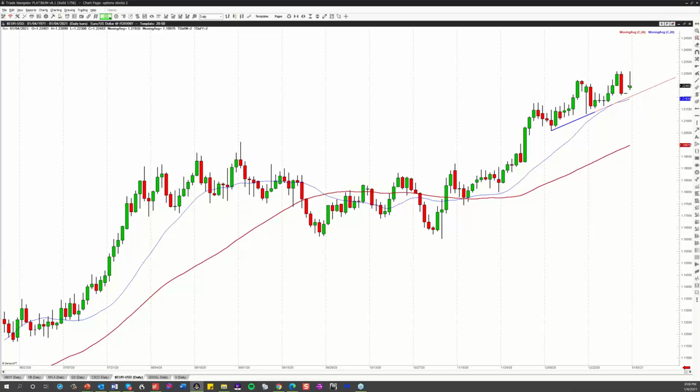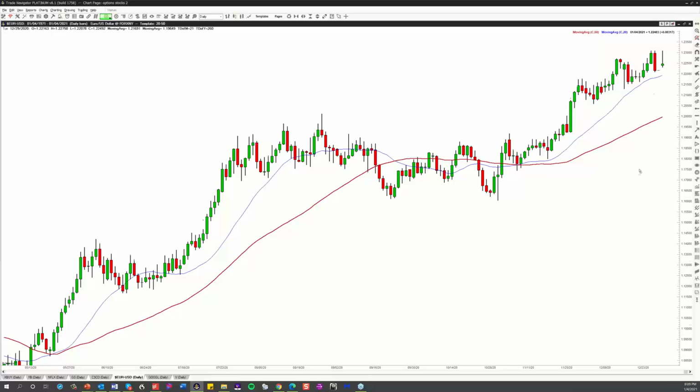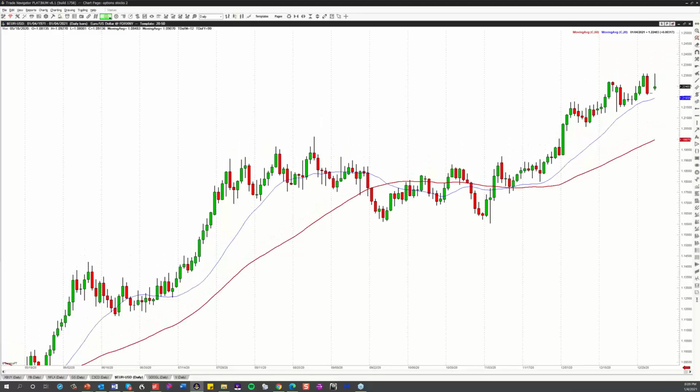But the main hurdle is a close above 123. And then if we get a weekly close above 123, okay, then we're looking potentially at the highs going back to early 18 around 124.50. So, keep an eye on this resistance area.